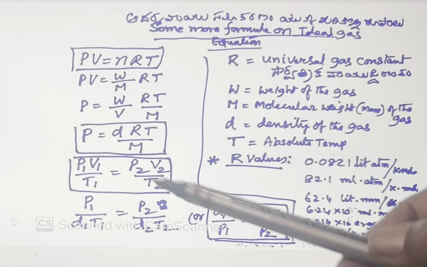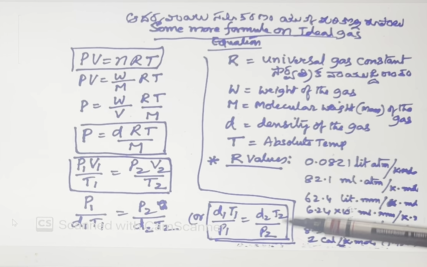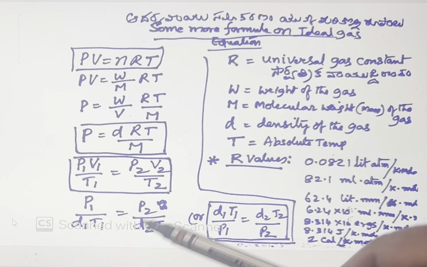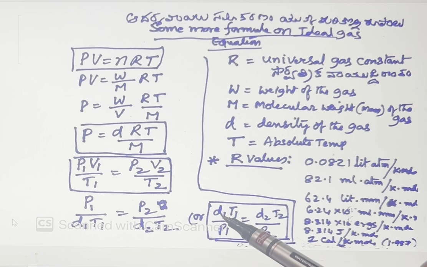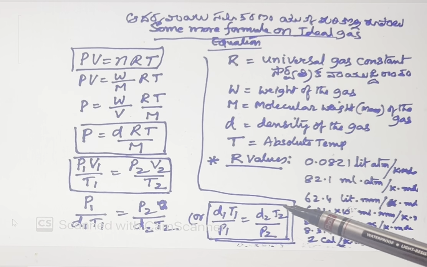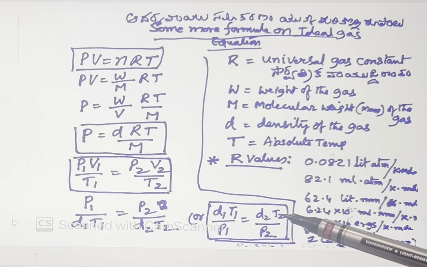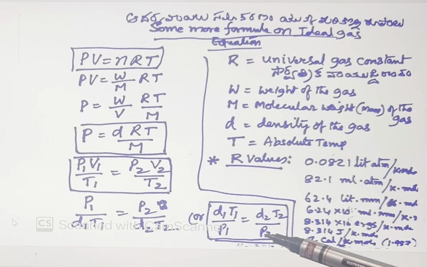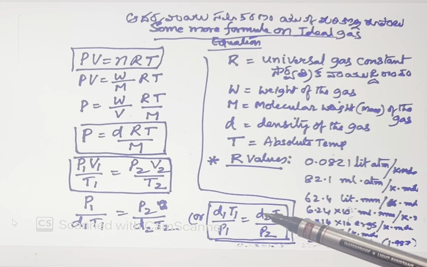It is simply inverted, d1 T1 by P1, and this is also inverted, d2 T2 by P2. These are useful to calculate the density. If you know the density at a particular temperature and pressure, you can calculate the density at STP or other temperature or pressure. For STP, you use T2 as 273 Kelvin and P2 as 760. Then d2 will be the STP density.